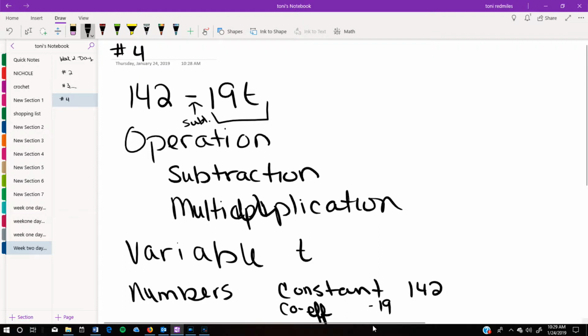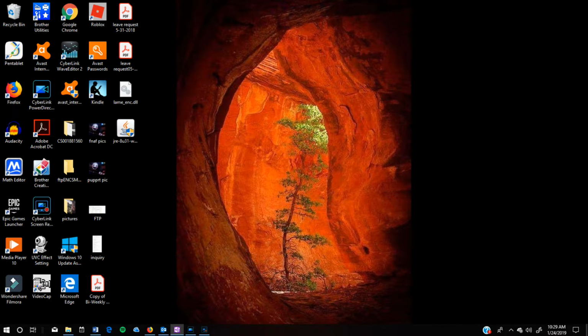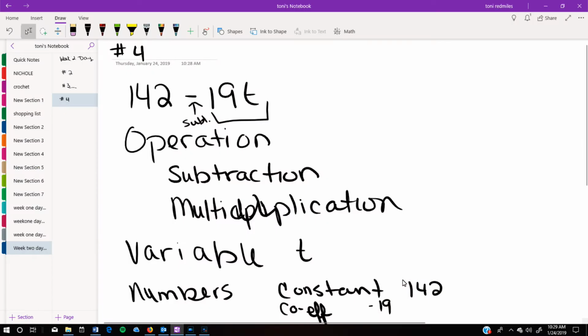I could go in the simplest terms of describing this. I could say 142 less than means subtract, but it comes after, which is not correct.